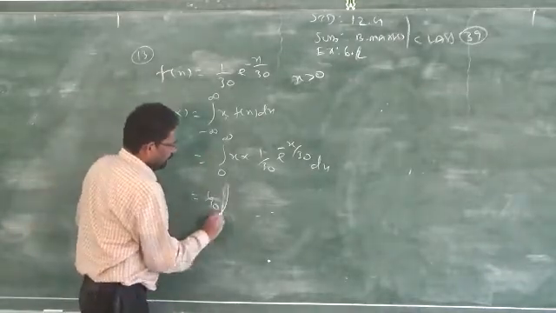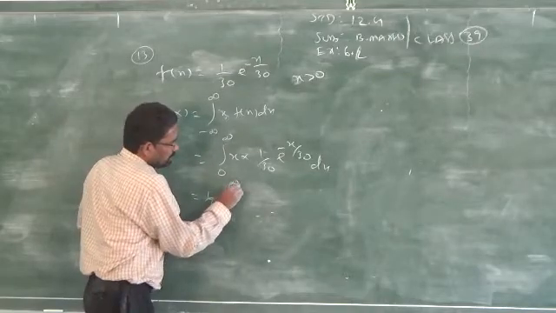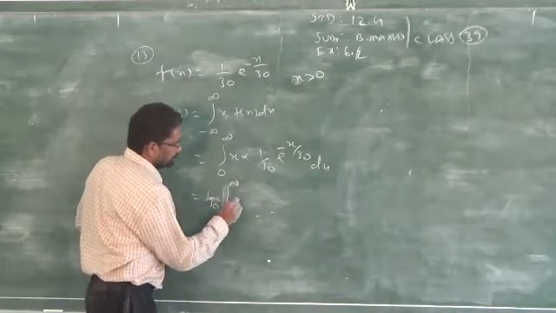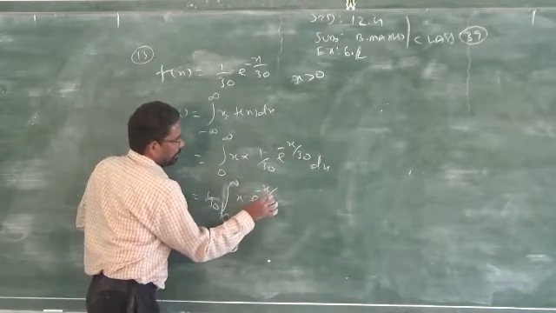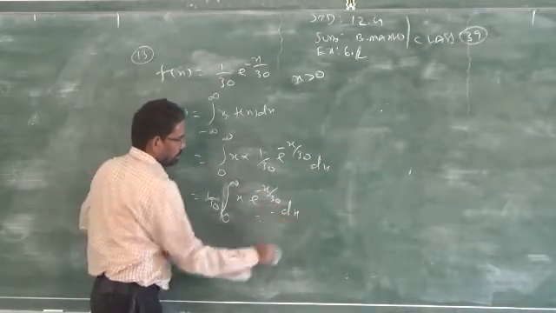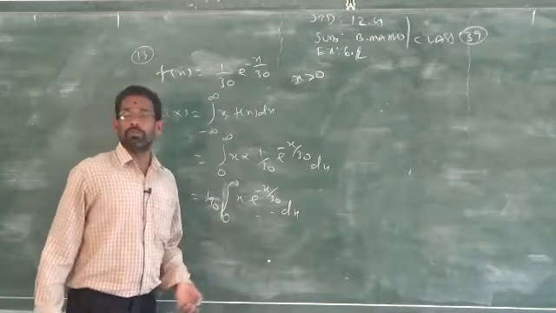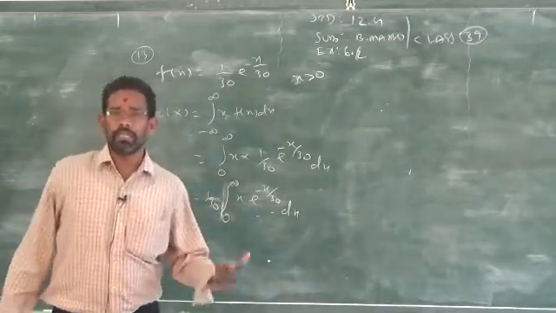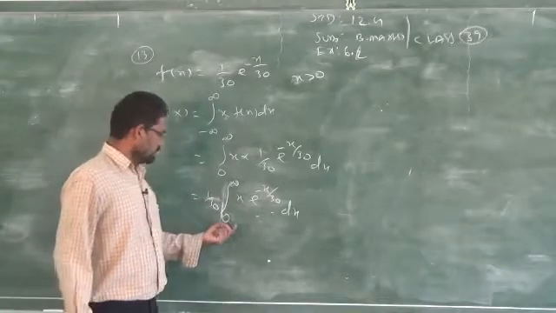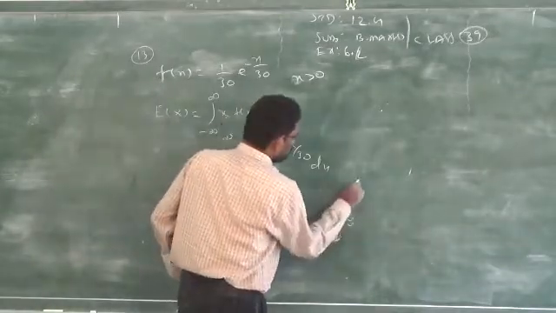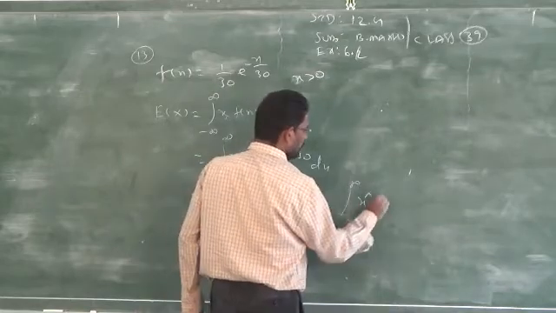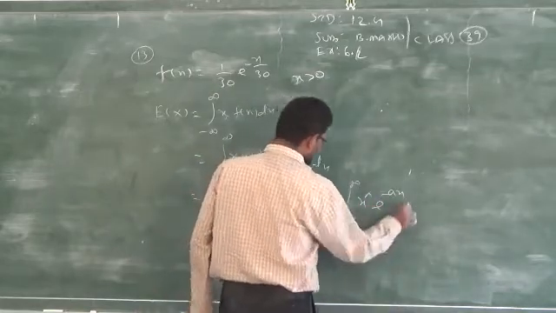You cannot integrate straight away; you can integrate by using the u v method, the integration by parts method, that is x into e power minus x by 30 into dx. You can simplify by using integration by parts or gamma integration. Just remember the second chapter, gamma integration: integral from 0 to infinity of x power n e power minus ax dx.